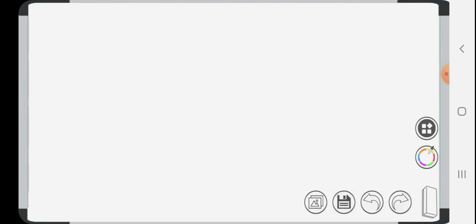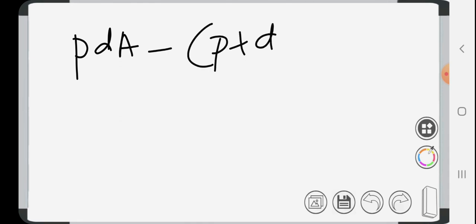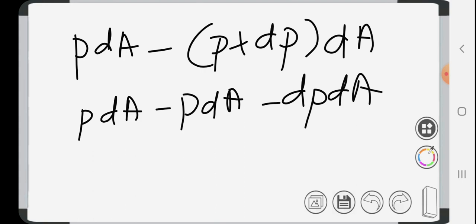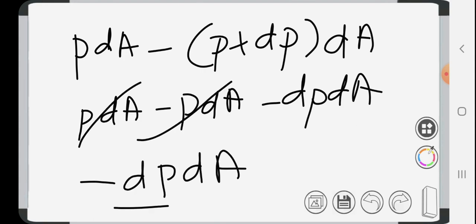Now three different forces are there. First one, the difference between the pressure, right? P minus (P plus dP) into dA. So this will be PdA minus PdA minus dP dA. Okay, so this cancels, so dP dA remains, right?